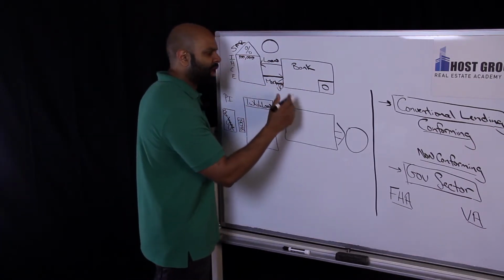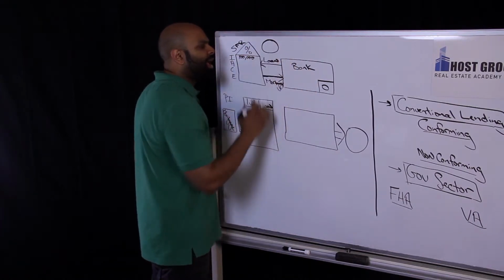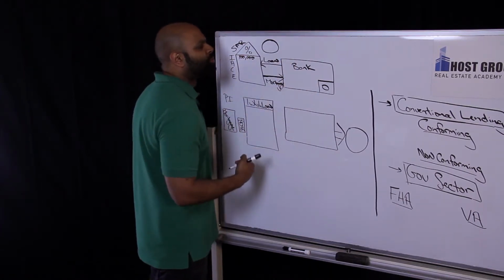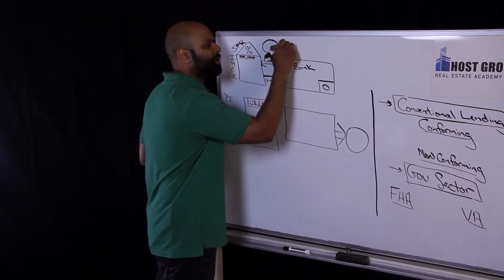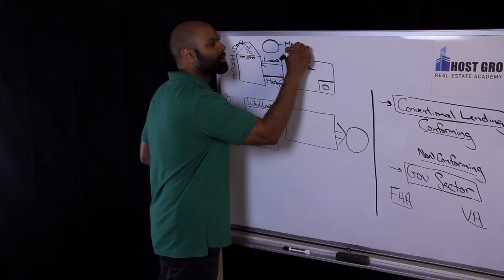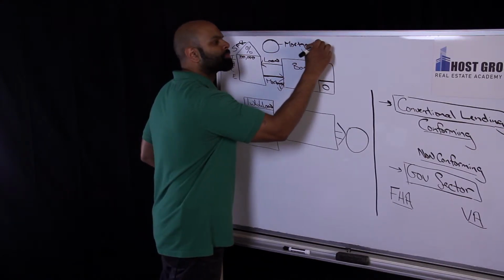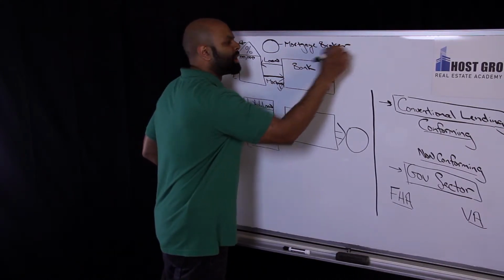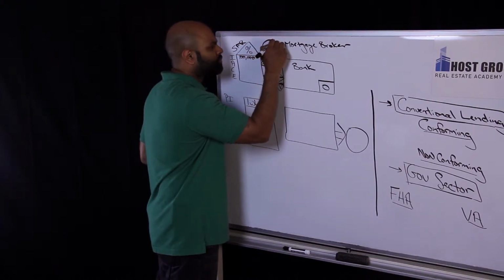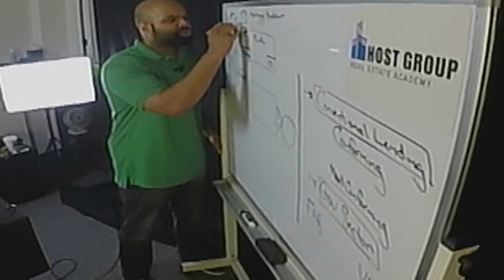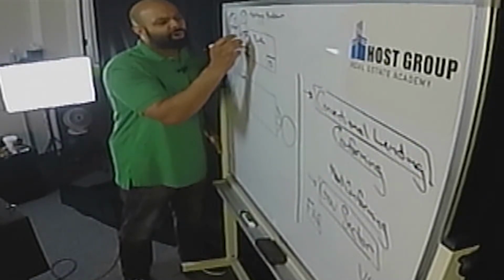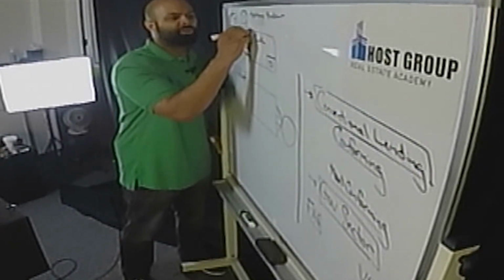Inside of this, we have another player in the world of the primary mortgage market. This party here is known as the mortgage broker. Now, the mortgage broker acts as an intermediary between a consumer and a lender, and it works with the lender's wholesale division.